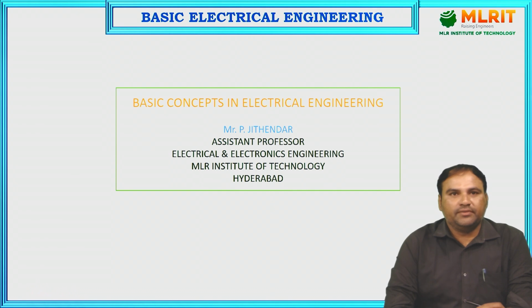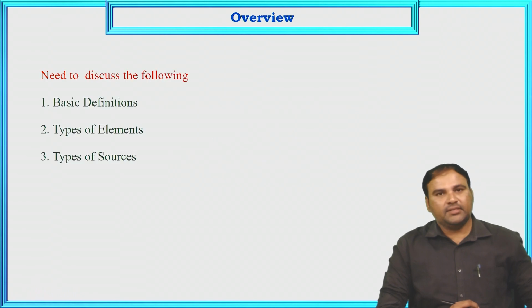In today's video lecture, I am going to discuss the basic concepts in electrical engineering. The basic concepts are the basic definitions like voltage, current, power and energy, the different types of elements, and the different types of sources. That we'll discuss in today's class.